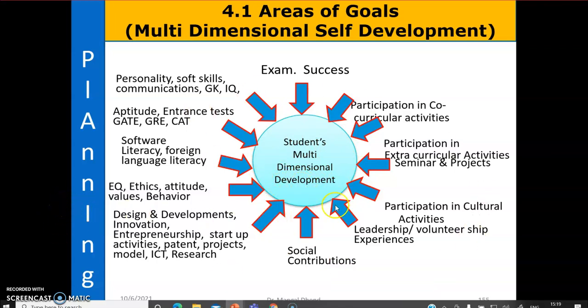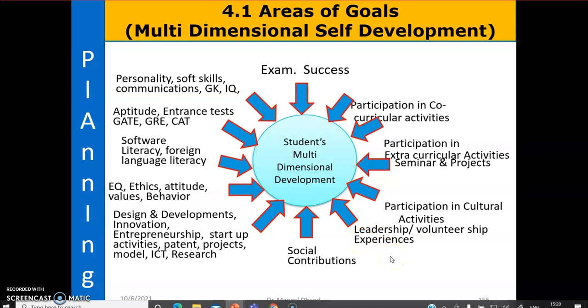You have to plan your goals for exam success, participation in co-curricular activities, extracurricular activities, seminars, projects, cultural activities, your leadership, volunteership experiences, and how you will strengthen your resume. Today itself you have to set goals in all these areas. Check whether you have plotted these areas in your mind map.